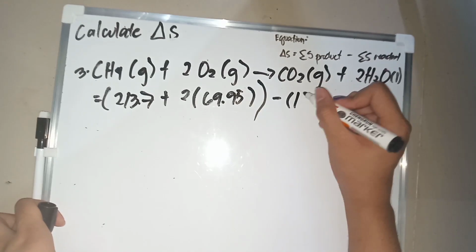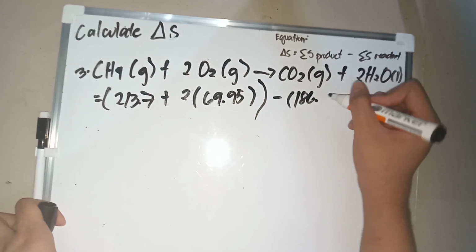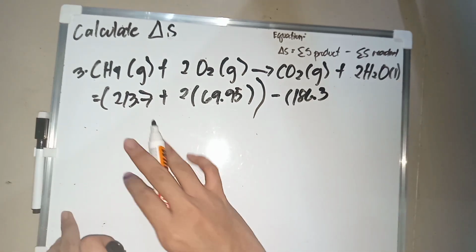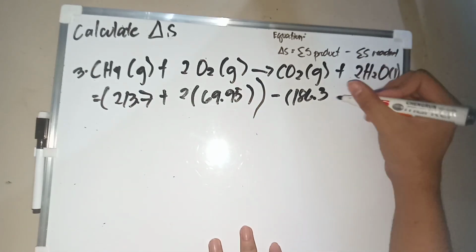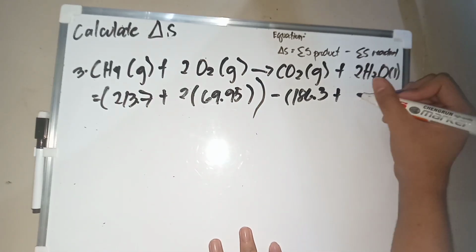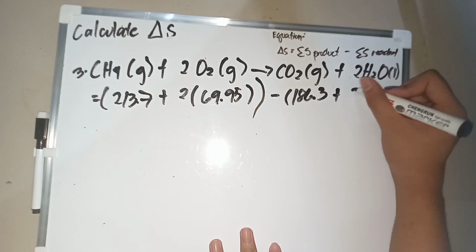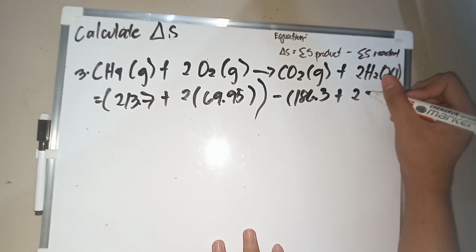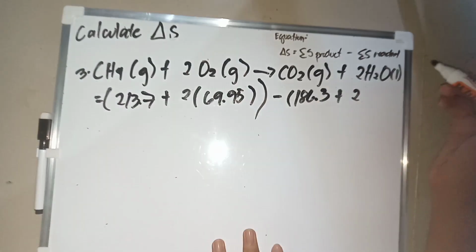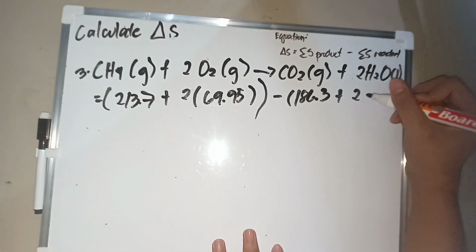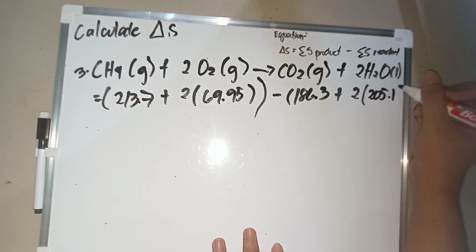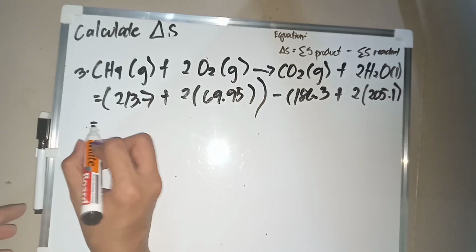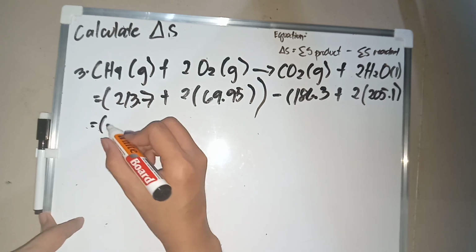The value is 186.3. Remember, the value can be obtained on the chart I provided. Plus, we have 2 oxygen, so multiplied by 2, the value of oxygen is 205.1.